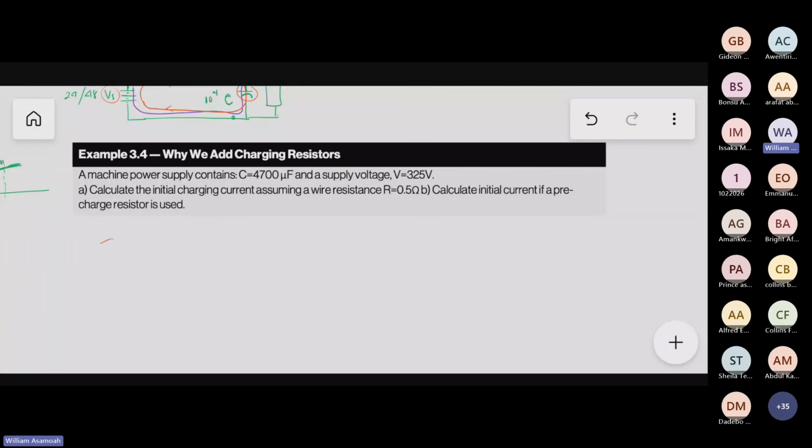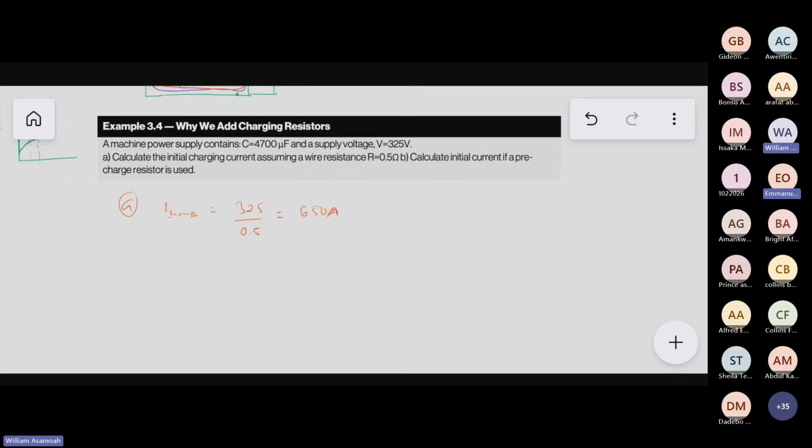So you can do it, right? At A, we will say that I inrush is equal to 325 over 0.5. And what do we get for this? 650 amperes. Is that right? Yes, 650 amperes.